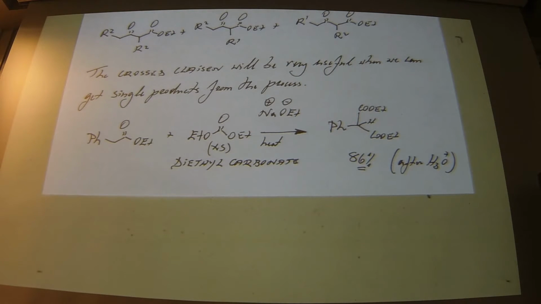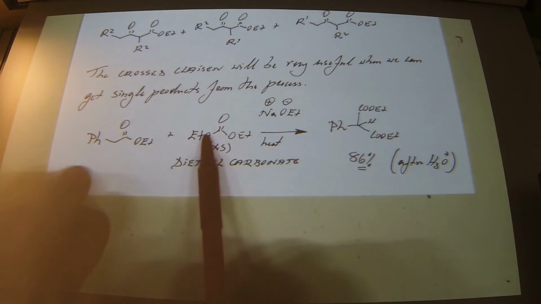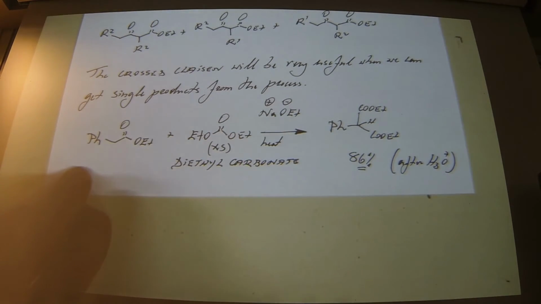So this is a crossed Claisen reaction to be sure, but of course it's a special case. It's a special case because only one of the two esters can act as the nucleophile. The other one is precluded from acting as a nucleophile because it cannot enolize. There's no carbon atom alpha to the carbonyl. So this is a very common crossed Claisen reaction.